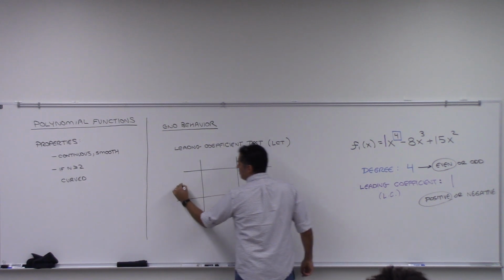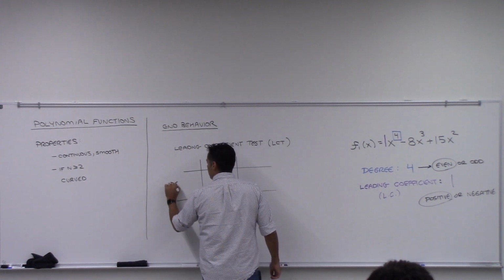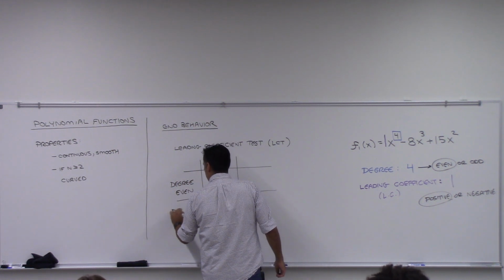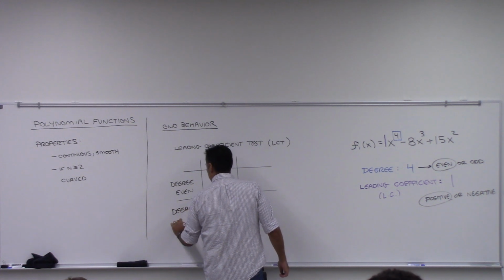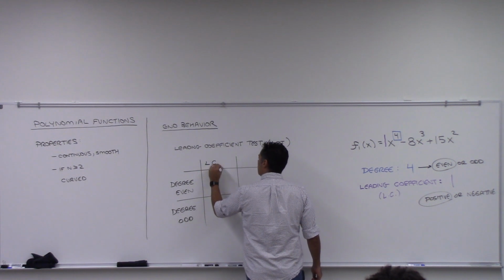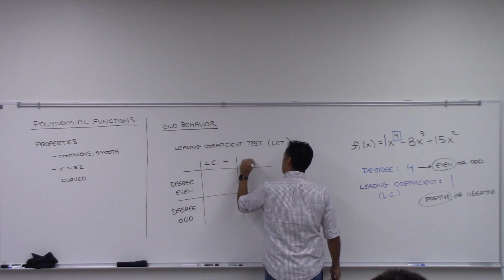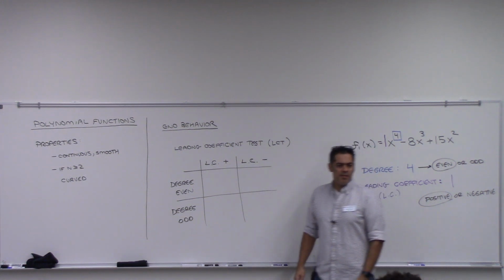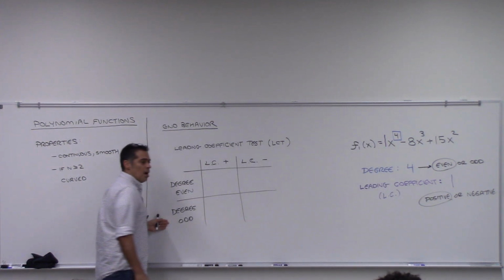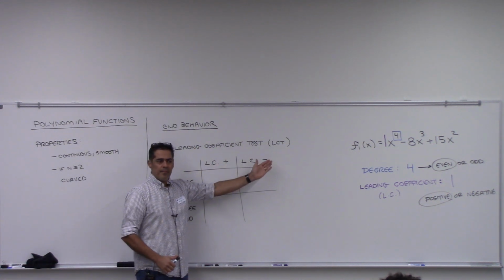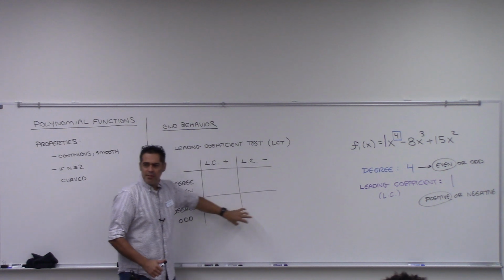Okay, on the left side, I'm going to put degree even, degree odd, and then here I'm going to put LC positive, LC negative. Make sense? When it comes to degree, it's either even or odd, and when it comes to leading coefficients, either positive or negative. So there are 4 different possibilities.